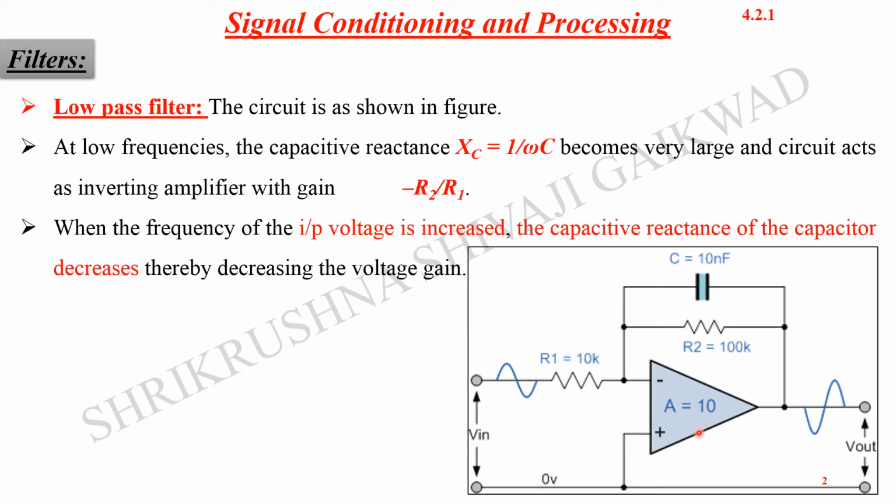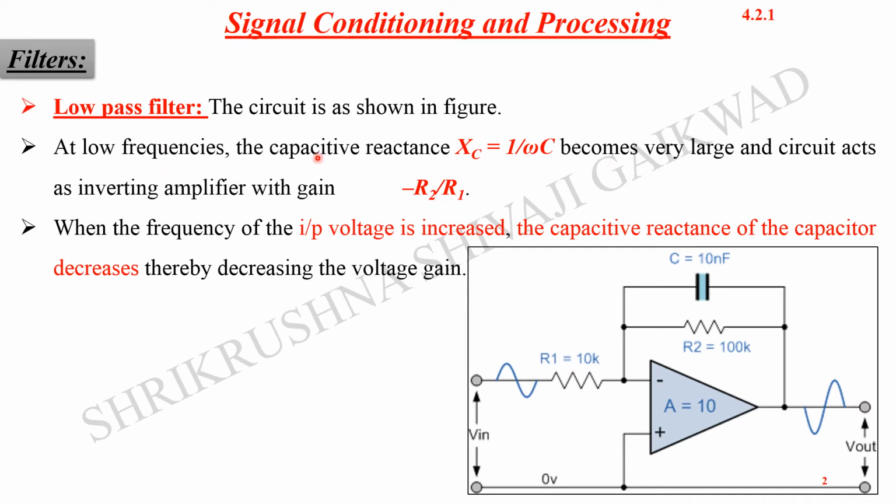It is represented as an operational amplifier having a gain of 10. At the input stage there is a resistance, and in the feedback we have connected the capacitor, right? So do remember that for the low pass filter circuitry, the capacitor is in the feedback, and at the input stage there is a resistance.